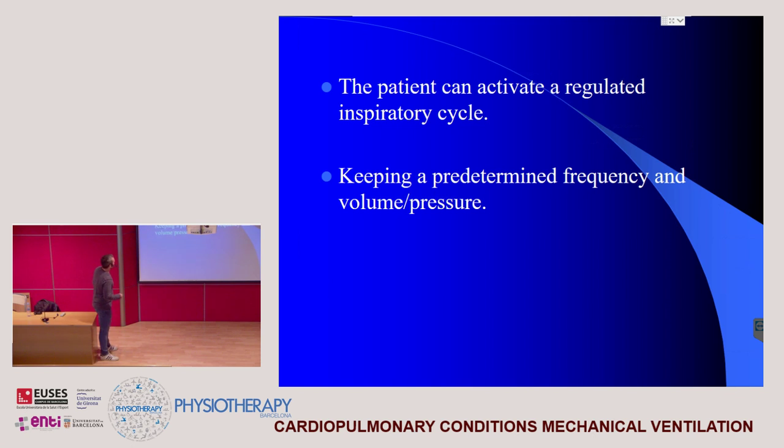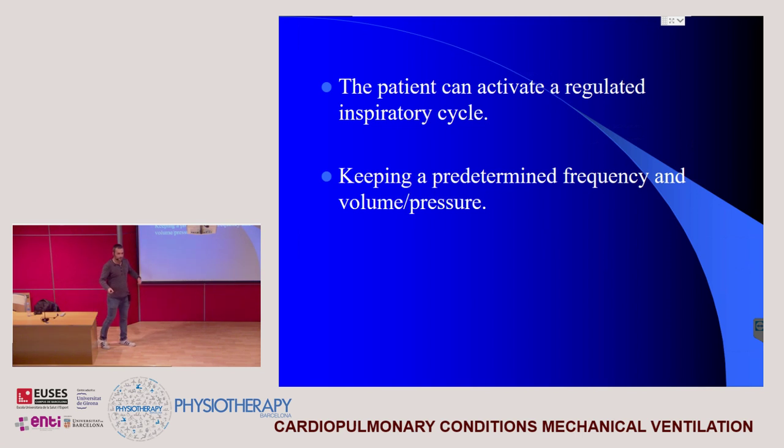So in that ventilation mode, the key difference between the first one and that second one is that the patient is able to activate a cycle. And when we talk about a cycle, it's something that has been predetermined.